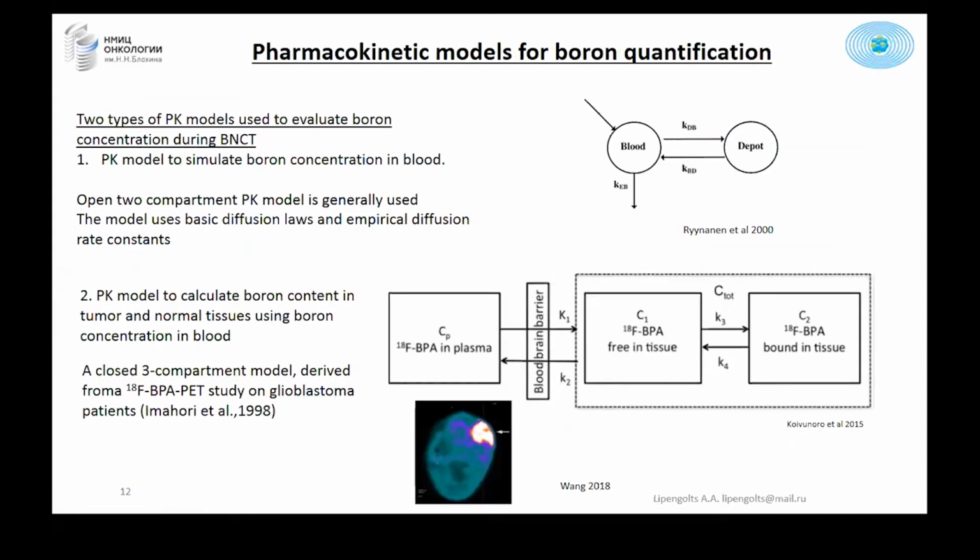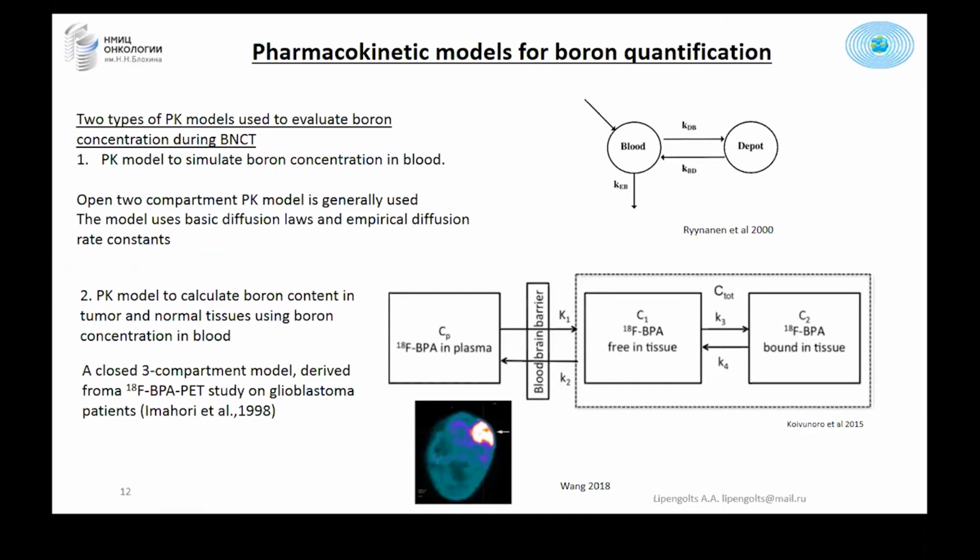For evaluation, quite simple pharmacokinetic models are used to fit experimental data of boron content in blood; open compartment models are used. So they are quite simple and well known.